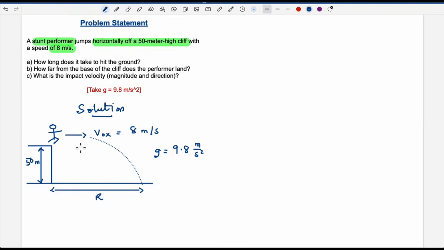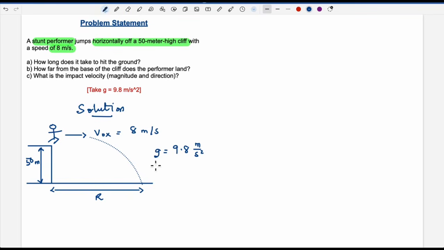Also, he's going to travel horizontally through this range at a constant speed of 8 meters per second because acceleration of free fall does not affect the horizontal part of this motion. And this is the most important thing we need to note.